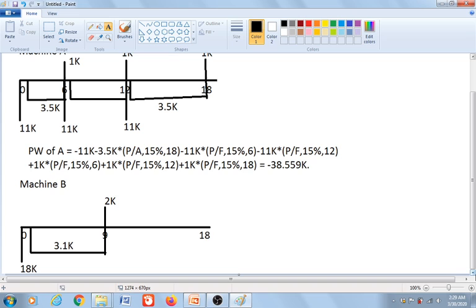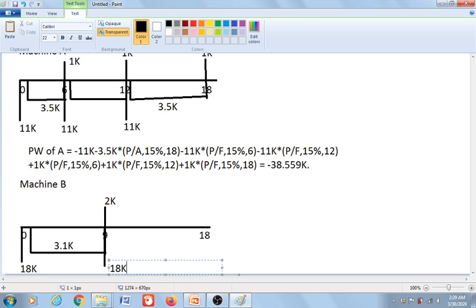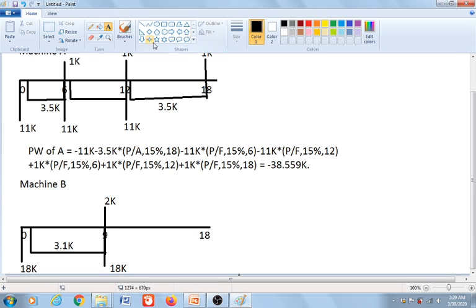For the second machine, we need to buy the machine, so that's a negative cash flow, another 18K. We need to pay for the operating and maintenance costs starting from year 10 till the end of year 18.